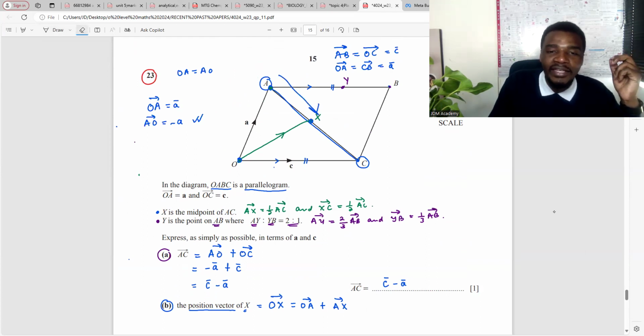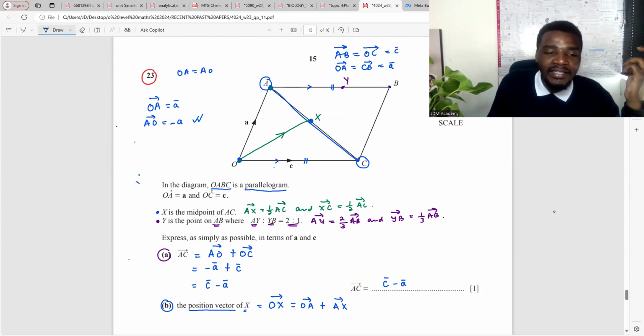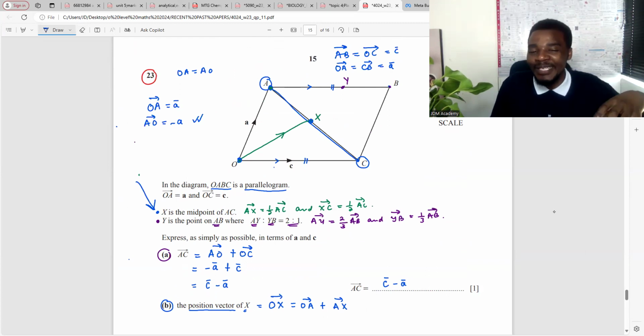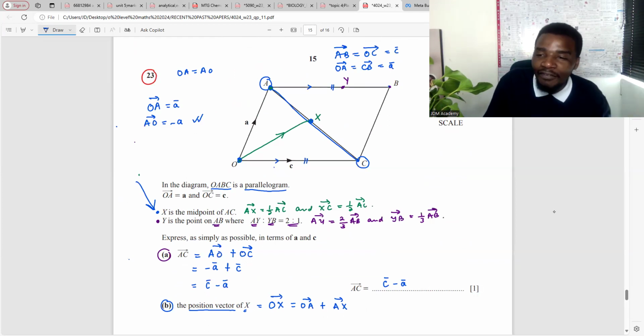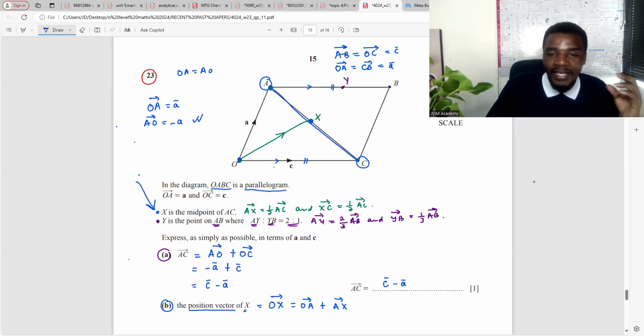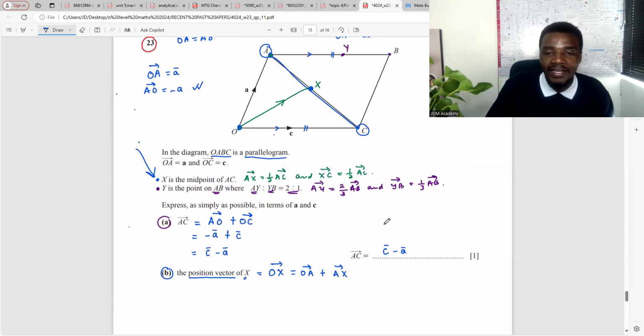The vector OA is given, and we want to interpret vector AX at this point, where it was given that X is the midpoint of AC. We interpreted and said, if X is the midpoint of AC, therefore vector AX is half of vector AC. And vector XC is also half of vector AC.